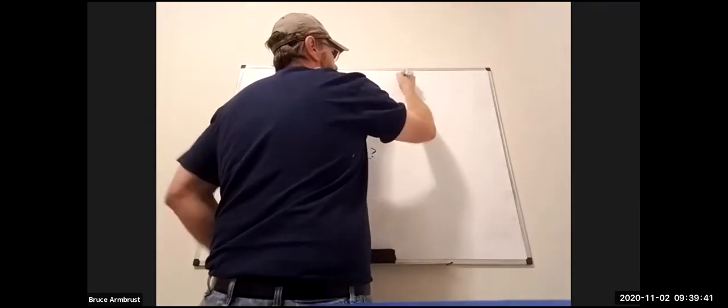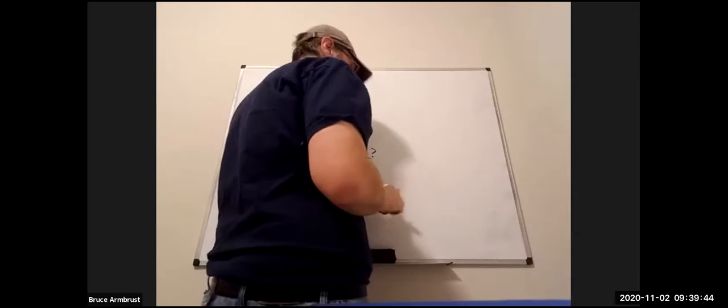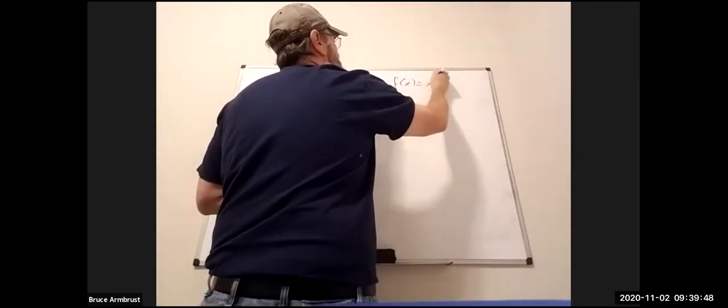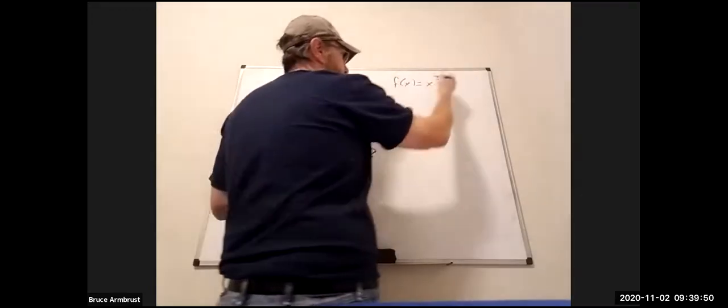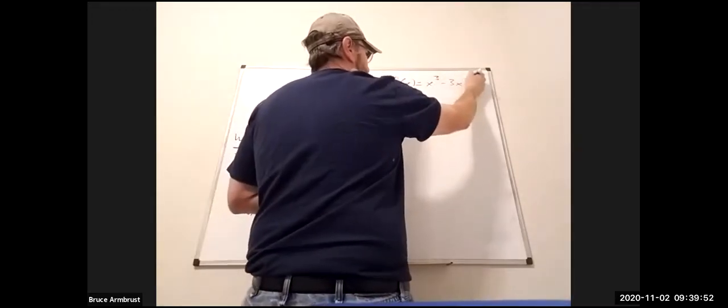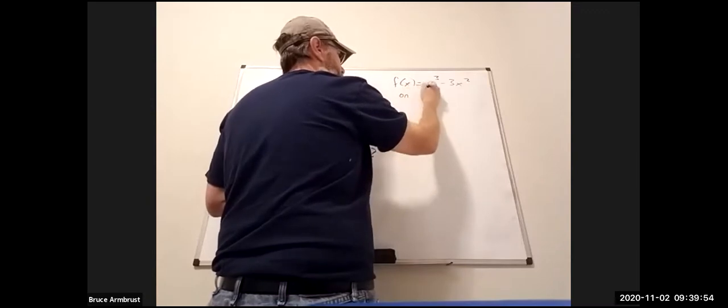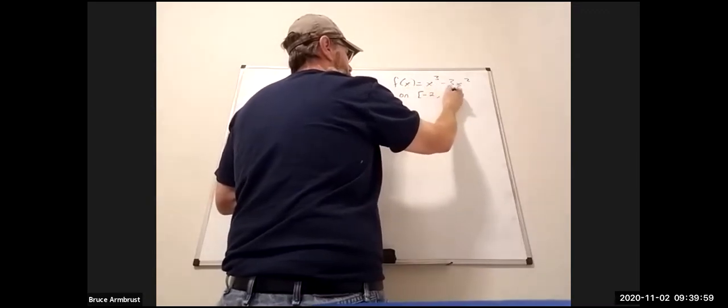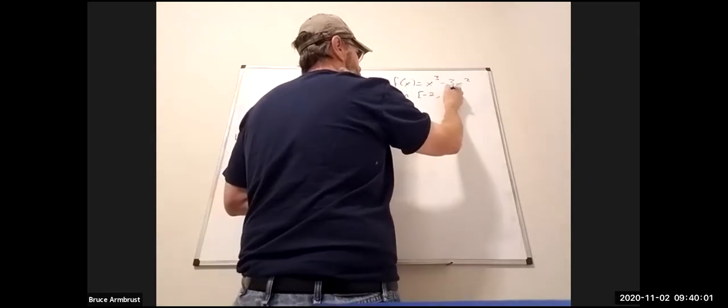Let's say we've got f of x equals x cubed minus 3x squared. And we're going to look on the interval minus 2 to 2.